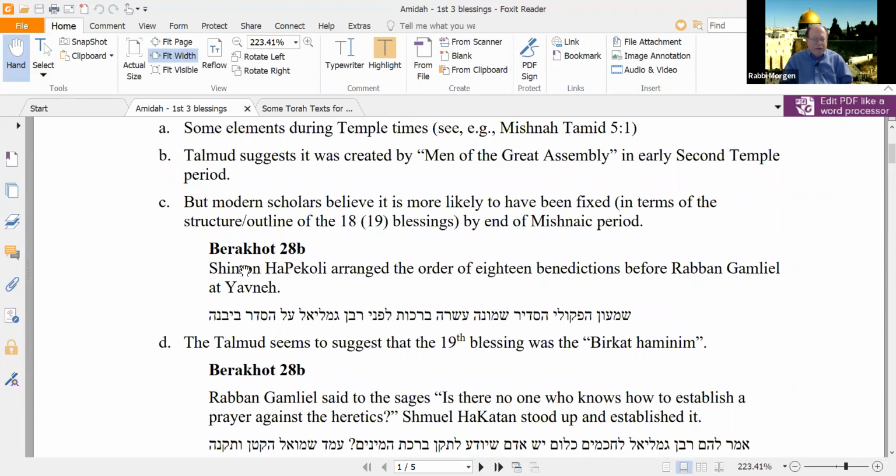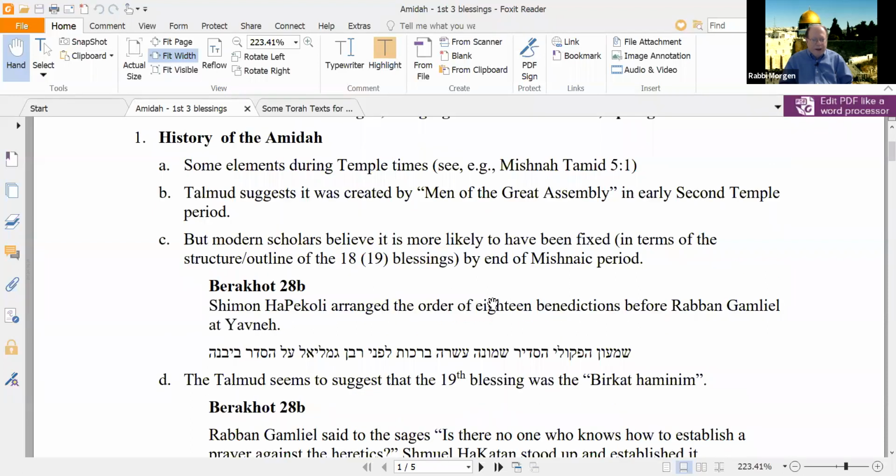So he's the one who created this 18 blessing structure. What the Talmud might mean when it says the men of the Great Assembly established the Amidah is they might have established that early proto-Amidah described in the Mishnah Tamid. But the final structure is established by Shimon HaPakuli before Rabban Gamliel. That's shortly after the destruction. Yavne is the first academy that opened after the destruction of Jerusalem.